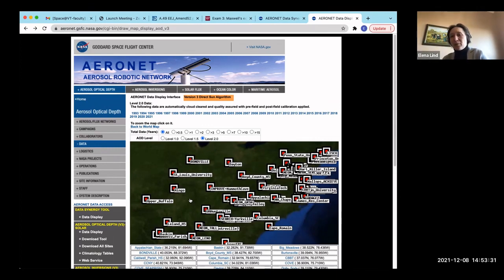And then the full sky camera gives us information about the cloud cover, how much interference we have due to clouds. So we actually have a very nice package of measurements right now to be able to characterize pretty much everything about this environment from a radiative transfer point of view and pollution. Yeah.